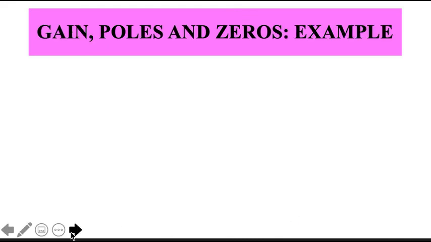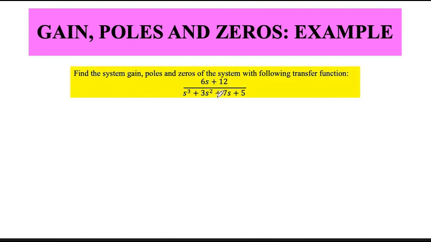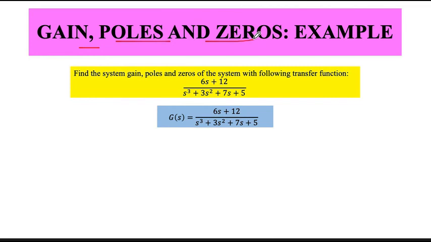Okay, so let's take the system given by (6s plus 12) by (s cube plus 2s square plus 7s plus 5). What I want to find are the system gain, the poles and the zeros. For the DC gain, set s equal to 0 in this transfer function.